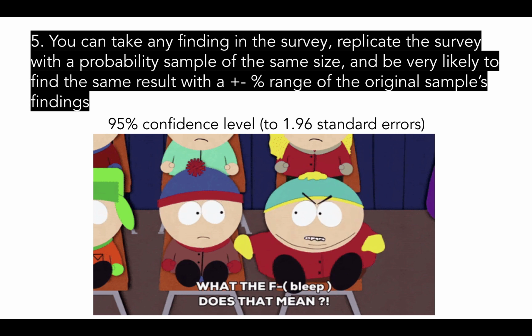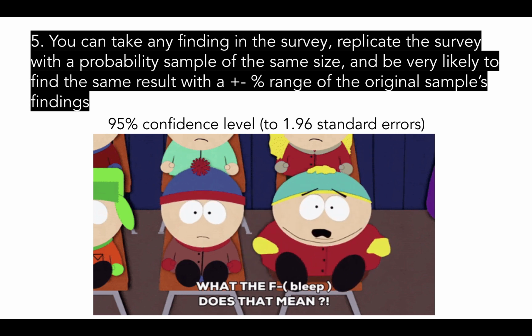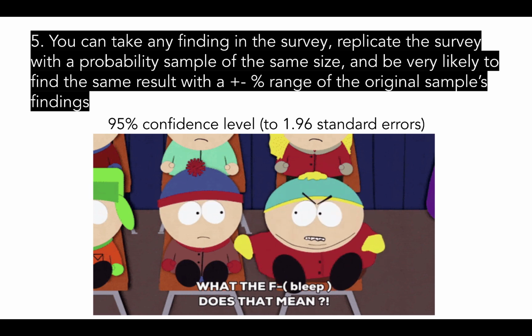Then we can say that 95% of our repeated measures, so on the previous slide, 95% of all times that we took a sample of people and asked them, would you be in favor of legalizing marijuana? 95% of the time, so 95% of those replications will fall within a certain range.